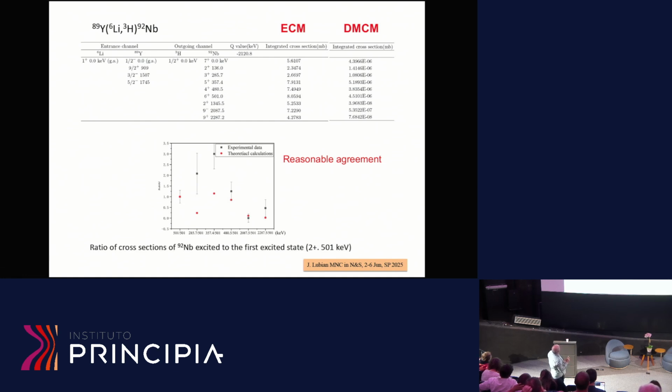Also, in the case of helium-3 transfer, we obtain quite reasonable agreement with the experimental data. Of course, I'm showing here that the extreme cluster model is a very bad model, because you will never say that you have in helium with a high probability a helium-3 plus triton cluster. So for this reason the cross-section drops dramatically when you use the realistic spectroscopic amplitudes.